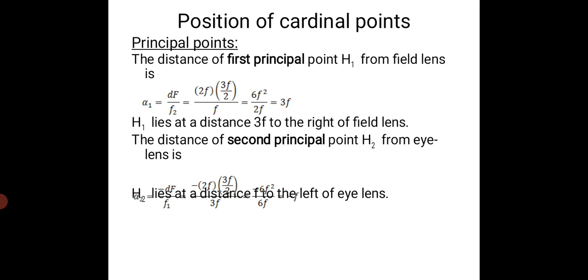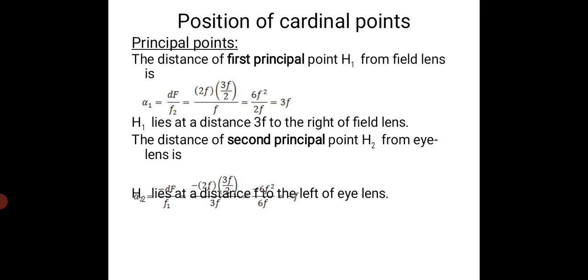The distance of the first principal point H1 from the field lens is alpha 1 = df/f2. Substituting the values of d, f and f2, we get alpha 1 = 3f. So, plus 3f indicates H1 lies at a distance 3f to the right of the field lens.